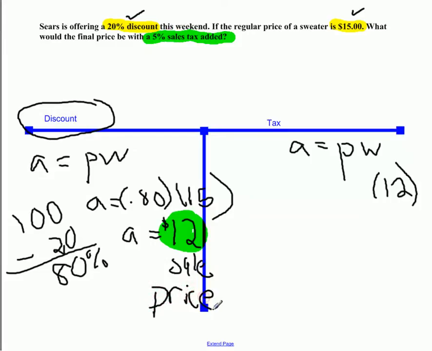So hard to write on this, but hopefully you guys can read it. So sales tax is added, so discount is subtracted, sales tax is added. I'm again going to start with 100%, but this time I'm going to add the tax. And again, we've spoken about how tax and add have the same number of letters, and discount and subtract actually have the same number of letters. So this will get me 105%.